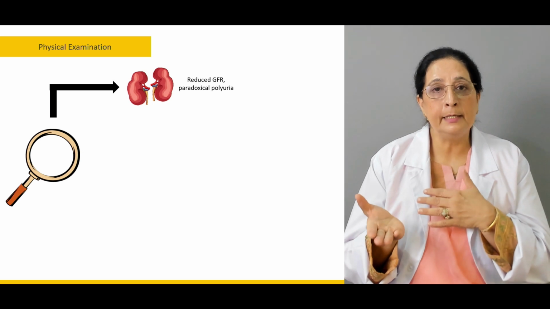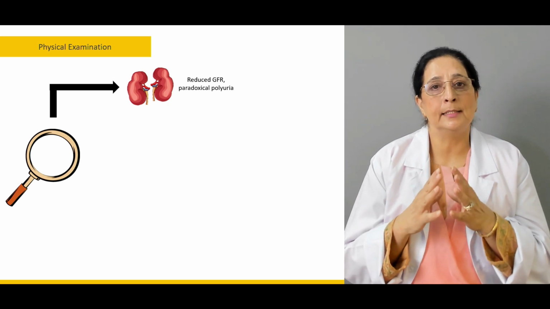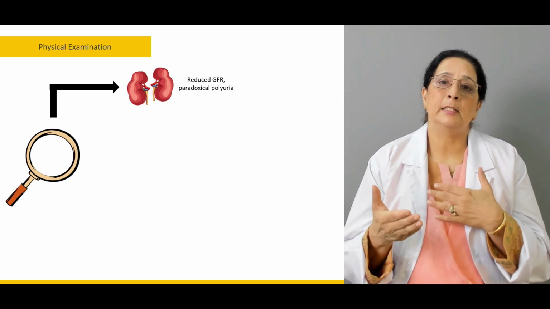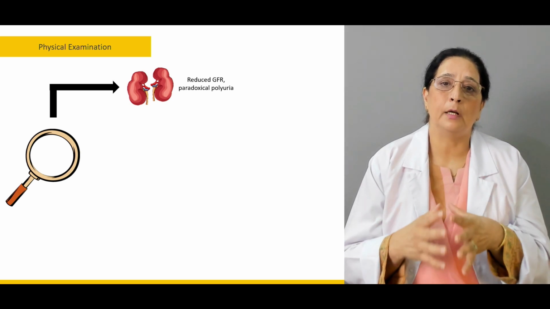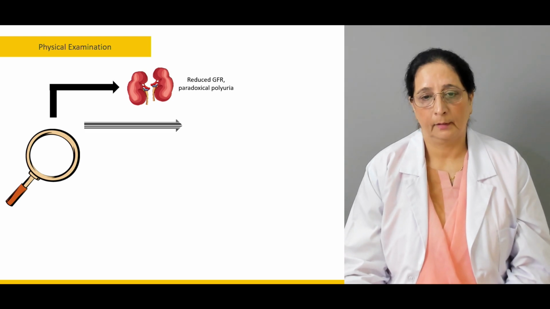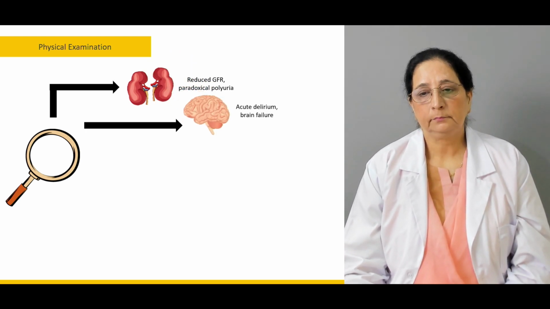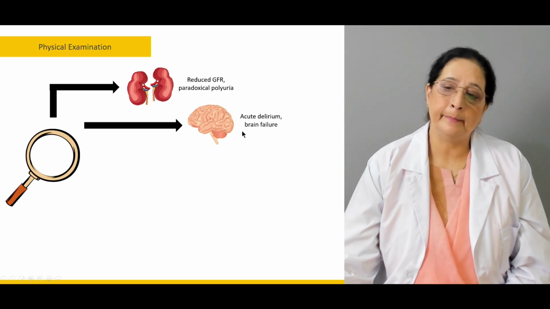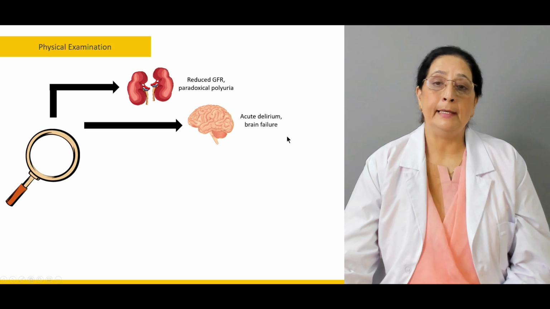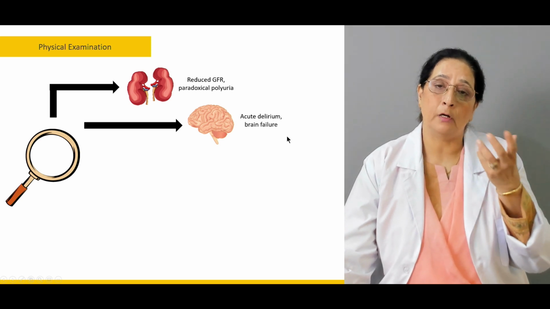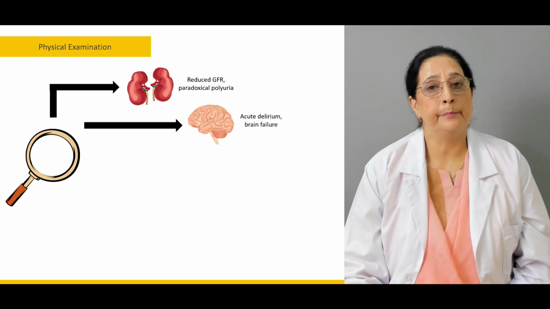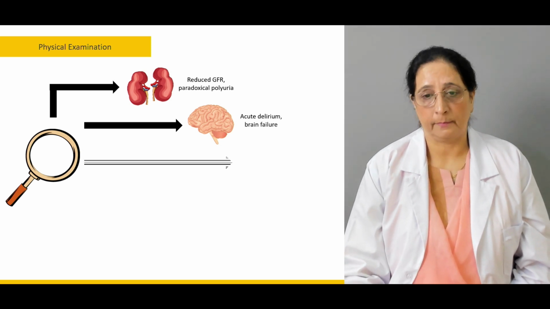When the kidneys are affected, there is decreased glomerular filtration rate and paradoxical polyuria. And when it affects the brain, there is delirium and brain failure. The patient is delirious because of poor supply of oxygen and blood, and there is brain failure also.